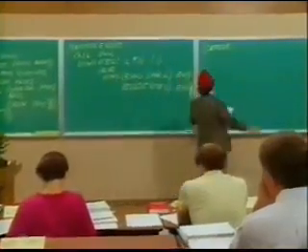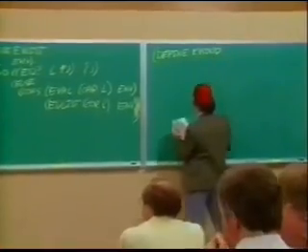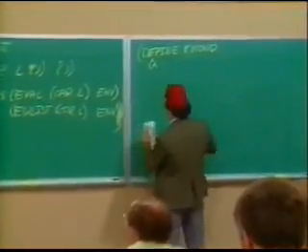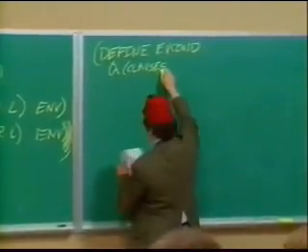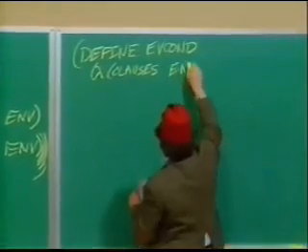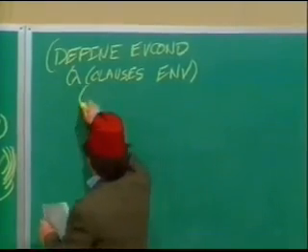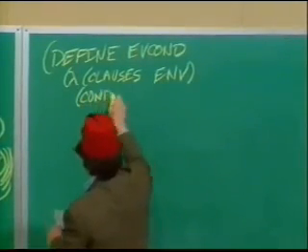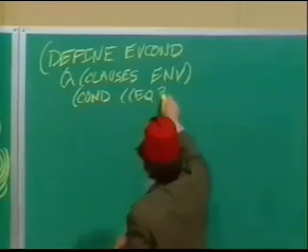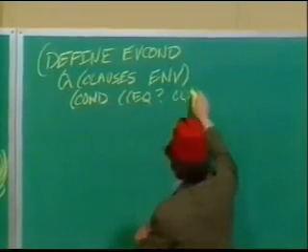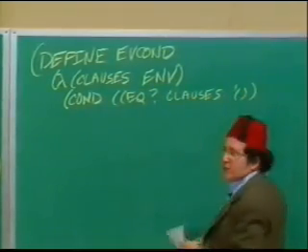Well, how do we have a conditional thing? Okay. It's a procedure of a set of clauses and an environment. And what does it do? It says, if I have no more clauses, well, I have to give this a value.